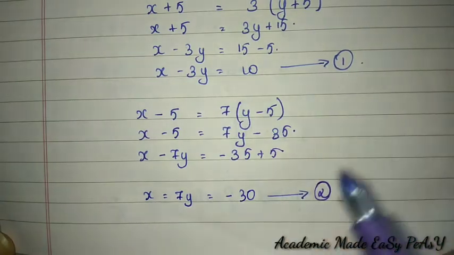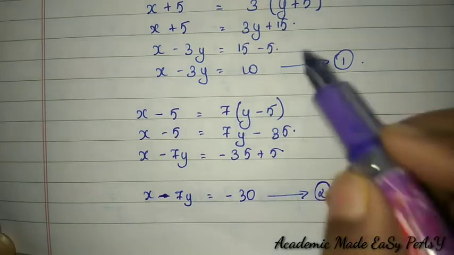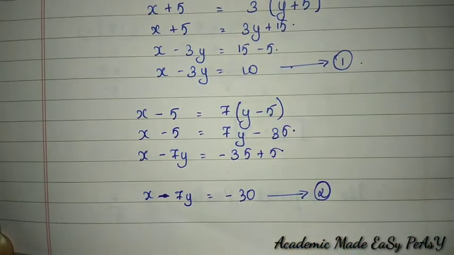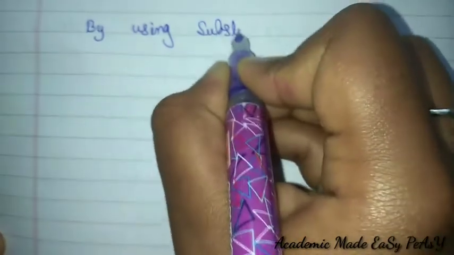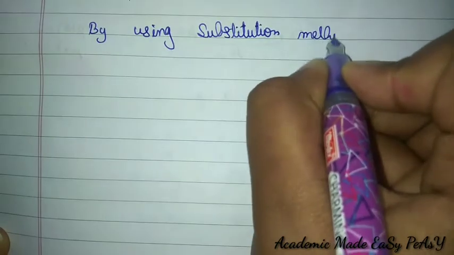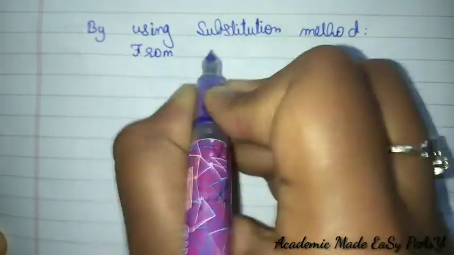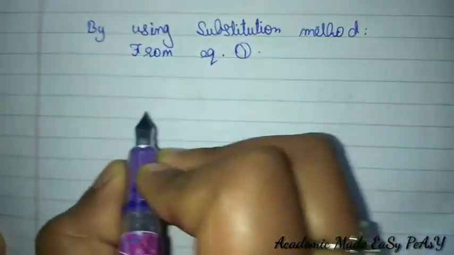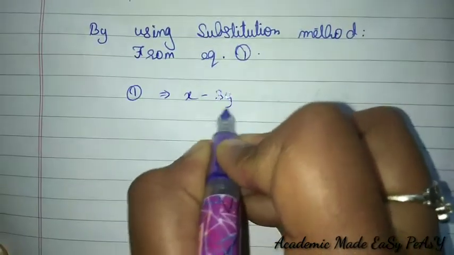So this is equation 1 and 2. So I will be taking equation 1 and simplifying that first. So I will be solving by using the substitution method. From equation 1 I will get, so equation 1 implies x minus 3y is equal to 10.